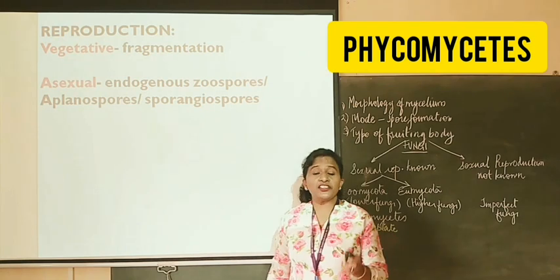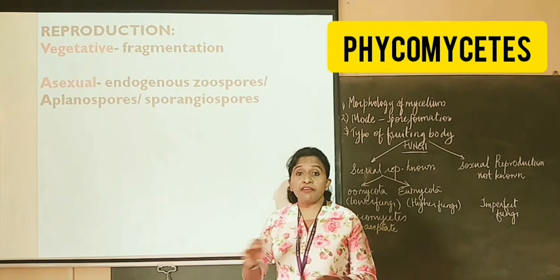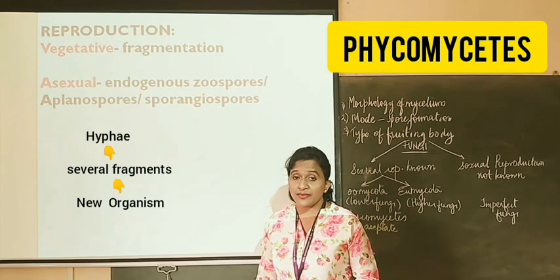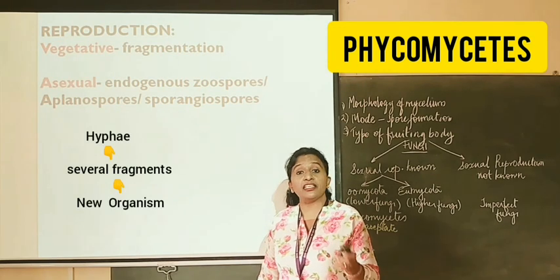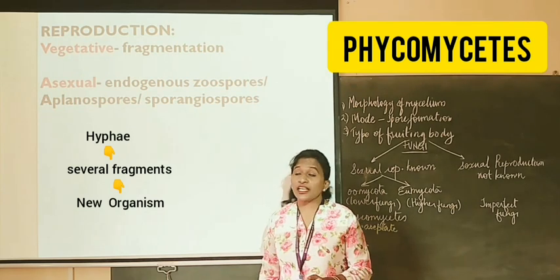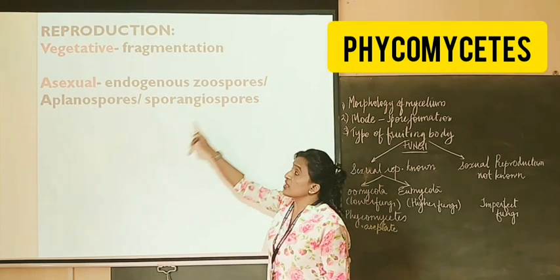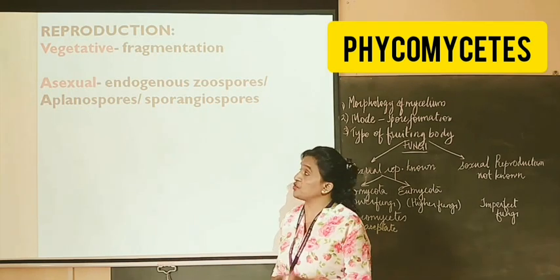The fragmentation occurs wherein the hyphae of the fungi will divide into several fragments, and then each fragment will give rise to a new fungal body. Okay. Asexual reproduction occurs through three different types of spores: zoospores, aplanospores and sporangiospores.